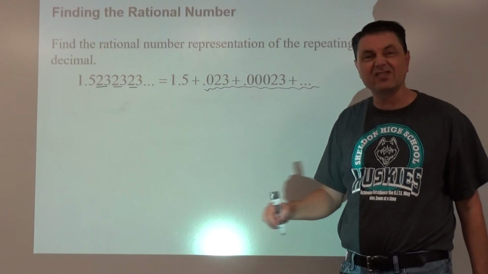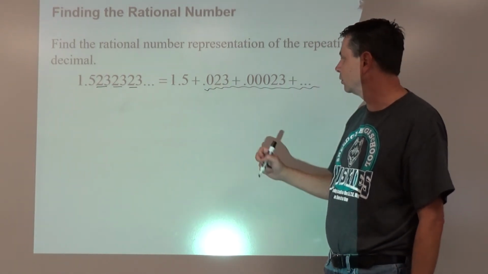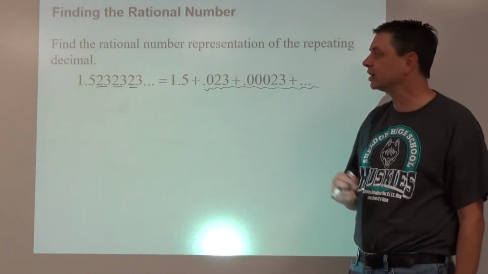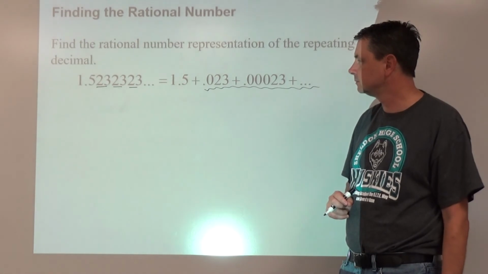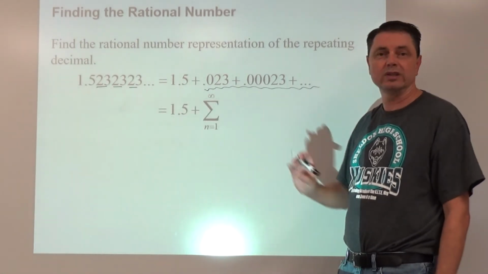To find that r value, take one of the terms and divide by the one before it. So take this number, divide by this number. You're going to get the ratio. And we could write that with sigma notation.